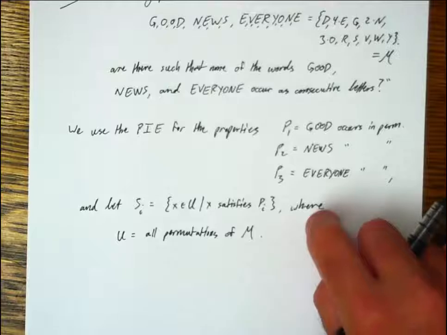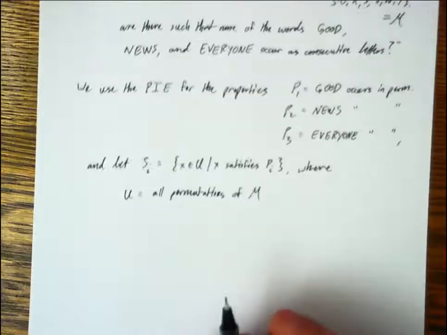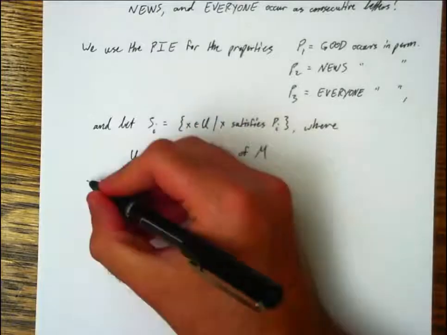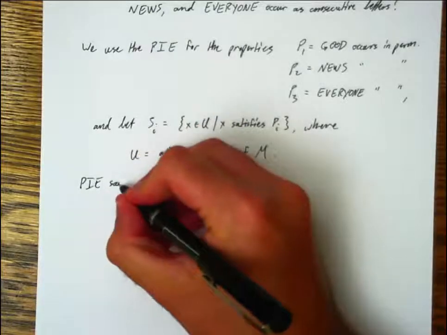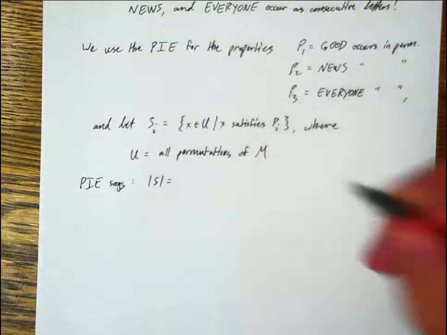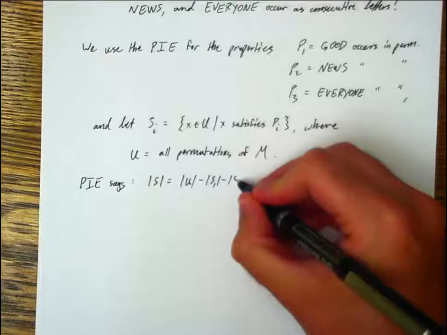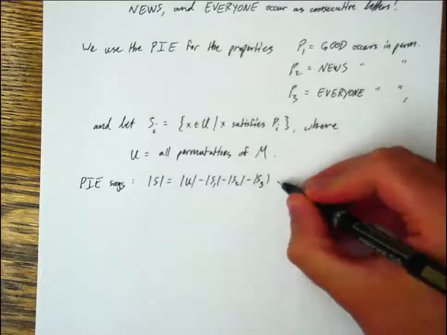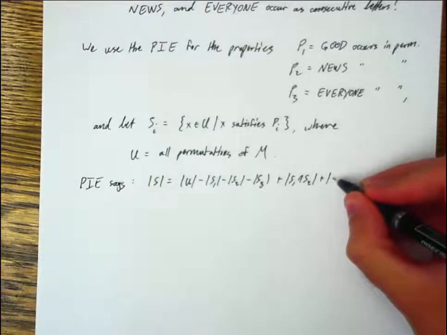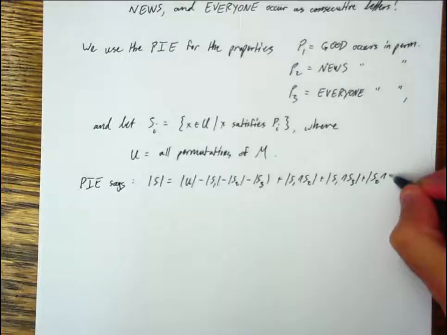Cool. So that's our setup. This is again an instance of the principle of inclusion and exclusion where n is equal to 3. So let's run through this. We're going to have to count a whole bunch of sets. So PIE first says that to count everything I want, and I'm calling it S, I'm going to count everything in U, subtract off all the singleton properties, S1, S2, and S3, and then I'm going to add back in the ones that share properties 1 and 2, the ones that share properties 1 and 3, and the ones that share properties 2 and 3.